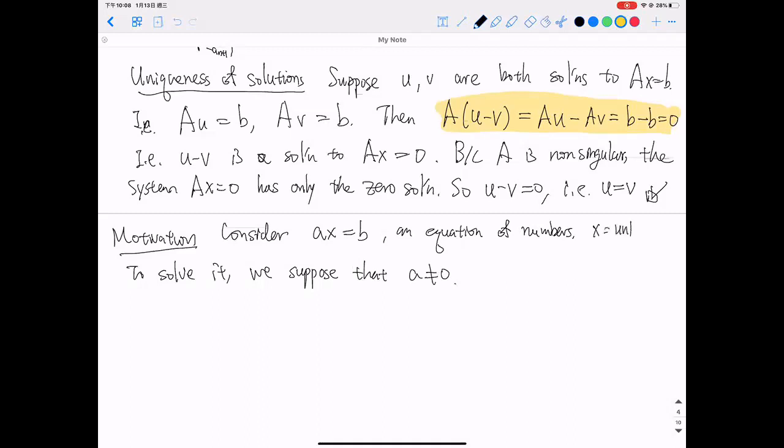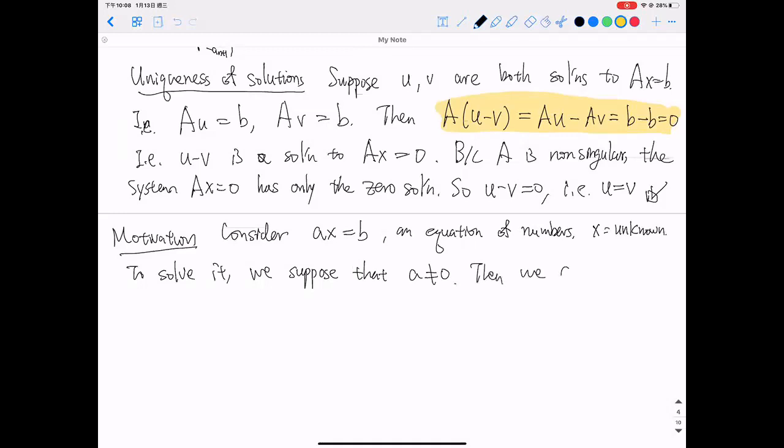I should mention that X is the unknown. If A is 0, then the left-hand side is 0, and 0 equals B is not much of an equation unless B is 0. So we assume that A is not 0.